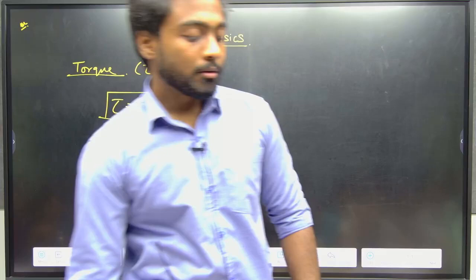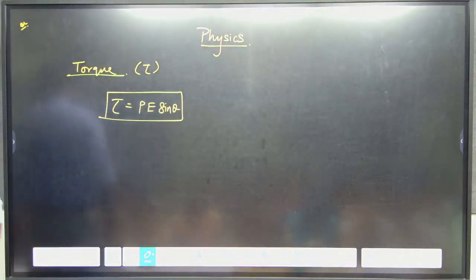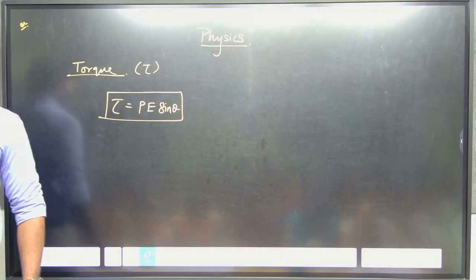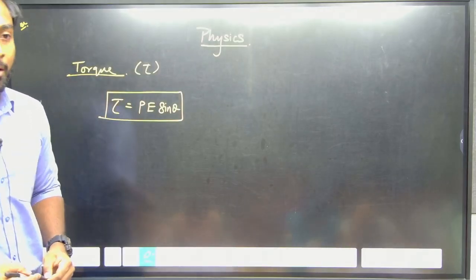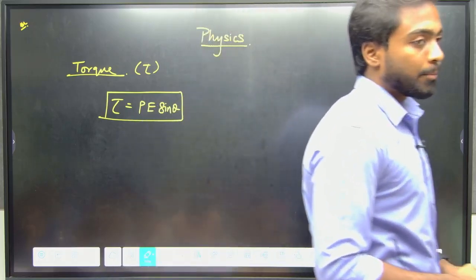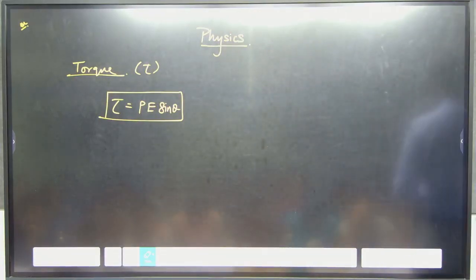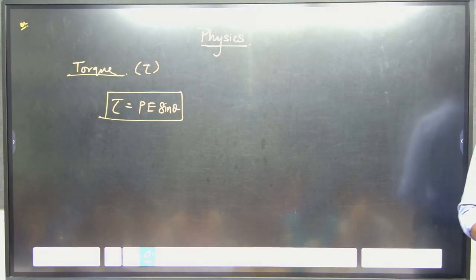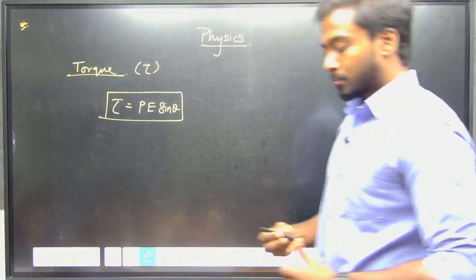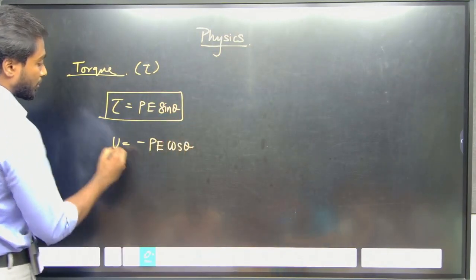The first point is the relation between potential energy, dipole and electric field. U is equal to minus PE cos theta.